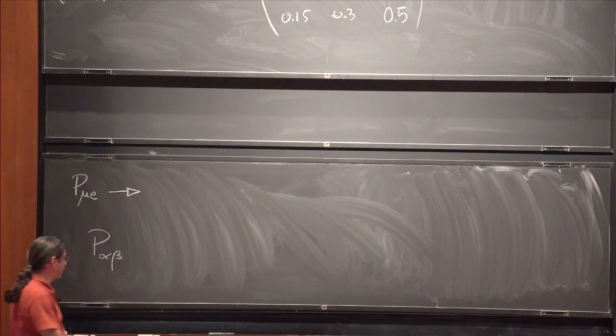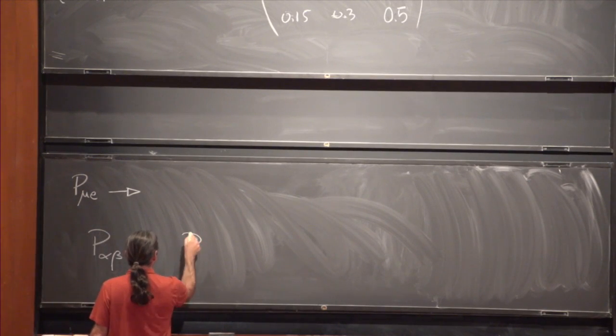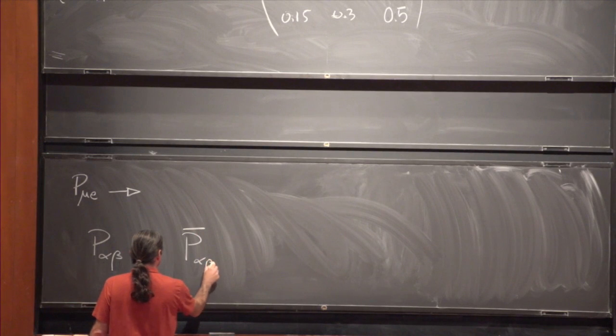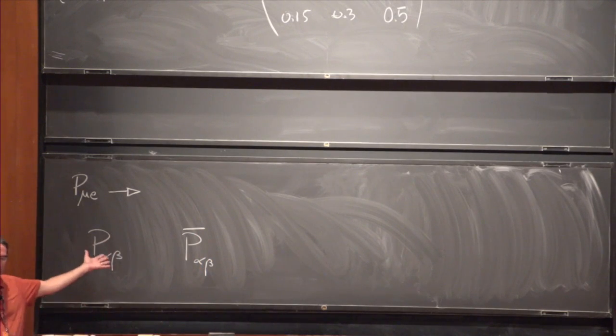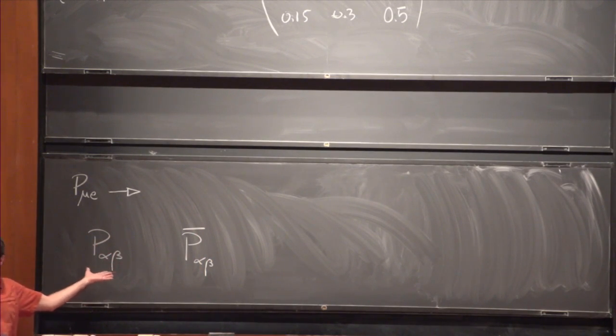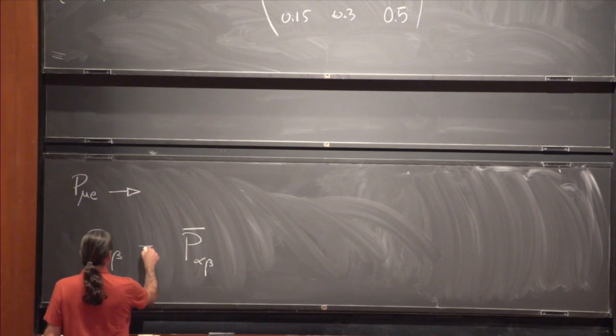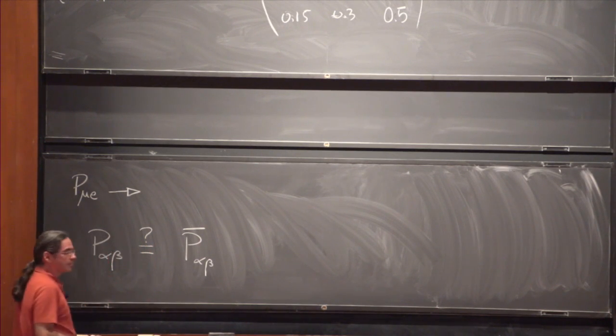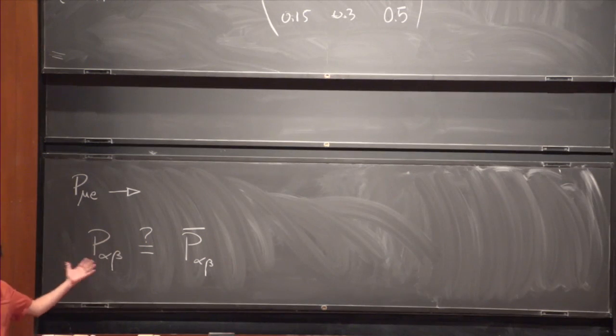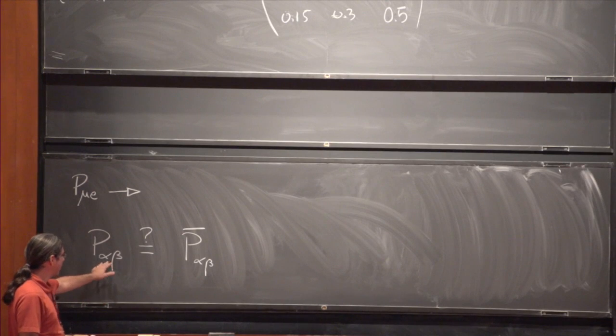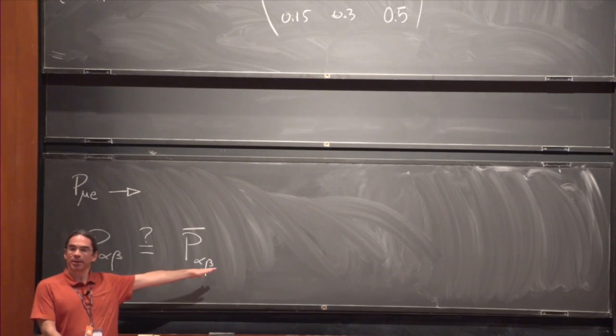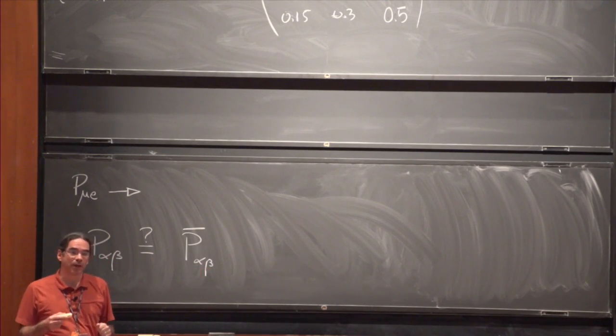We look at the same channel in the antineutrinos, so let me call that this. And then we ask if these numbers are the same or not. So that's the question. And if they're not the same, CP is violated, because you have particles or matter doing something different from antimatter.